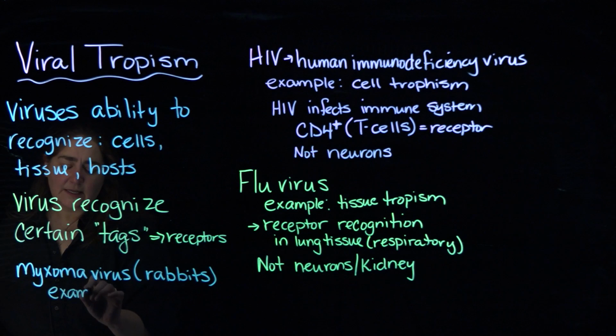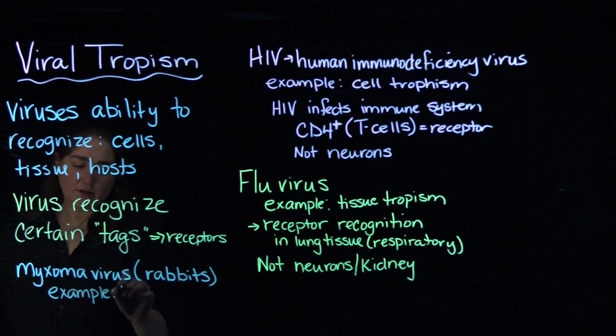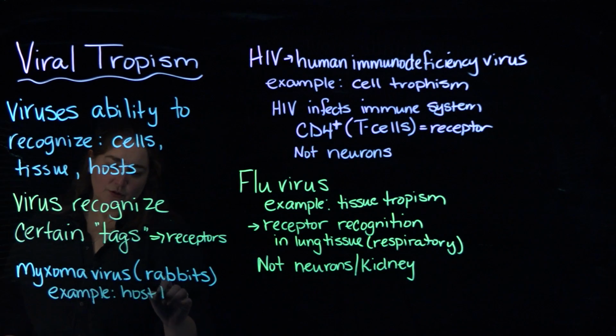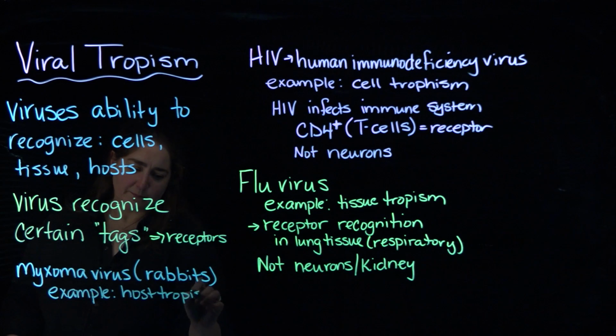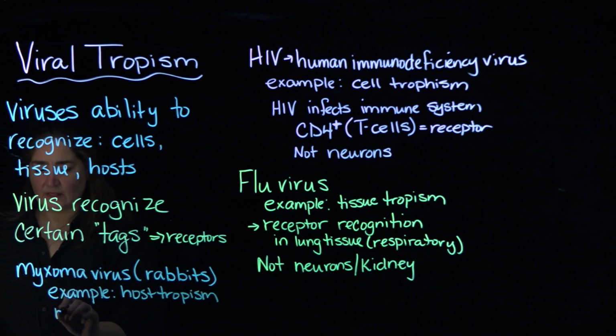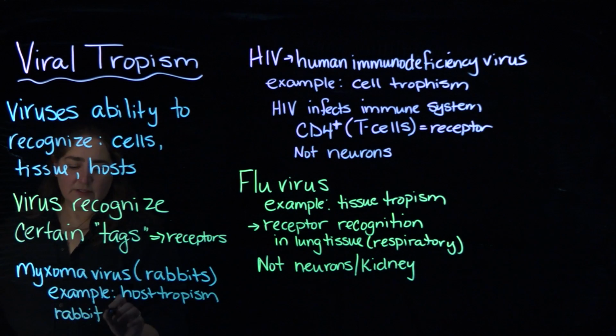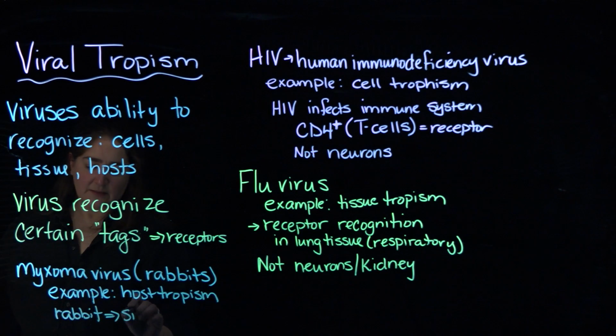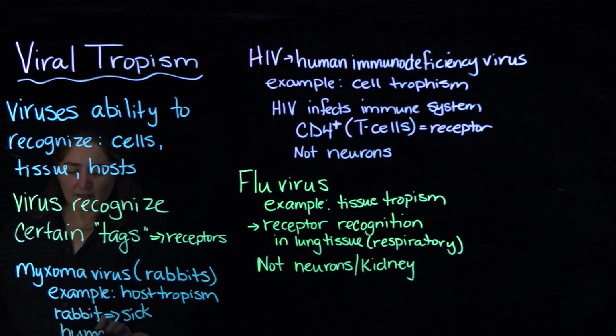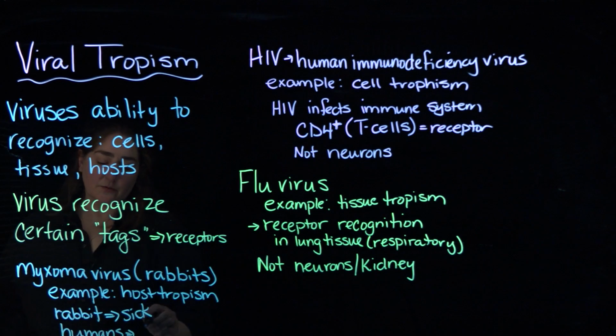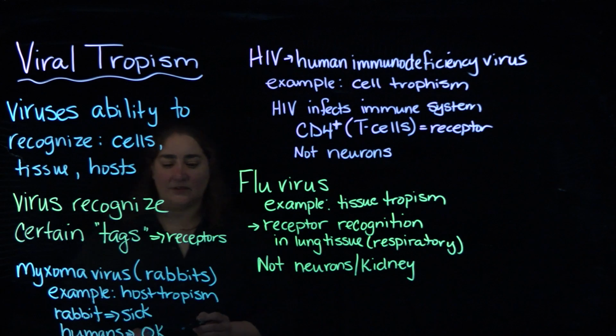So this is an example of host tropism. Bunnies get exposed to the myxoma virus. That makes them sick. Humans, because we don't have the tag that that myxoma virus needs to recognize, it doesn't make us sick, okay?